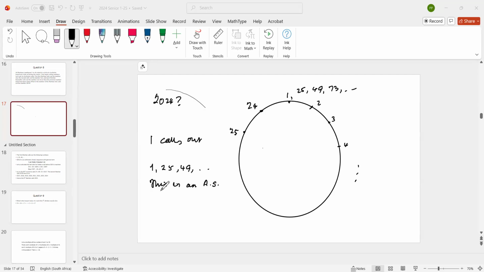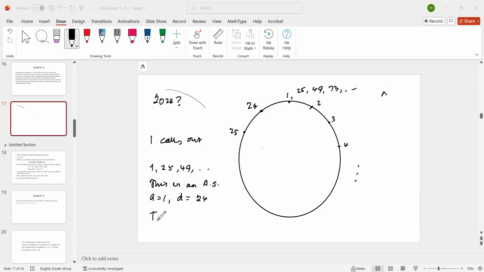And the first term is A, right? We normally use the symbol A for the first term. You would have done arithmetic sequences, so I'm not going to dwell on that. And the common difference is 24 because we keep adding 24. So D is 24. And we want to know who calls out 2024.